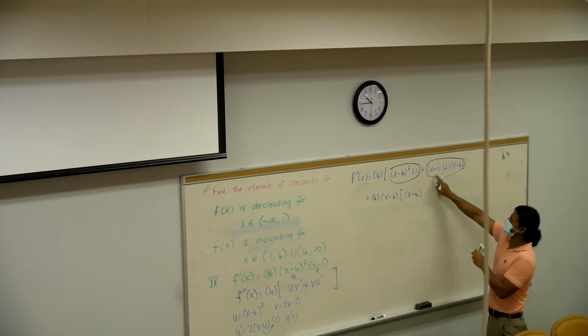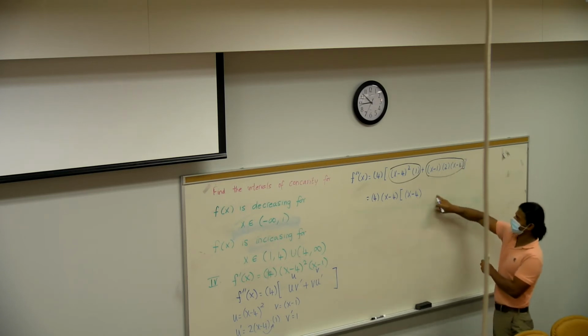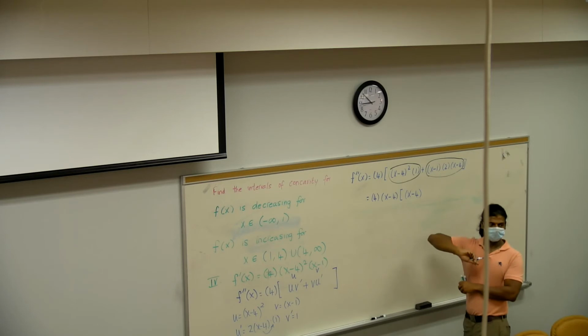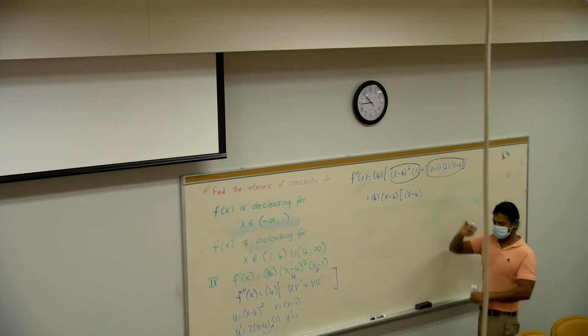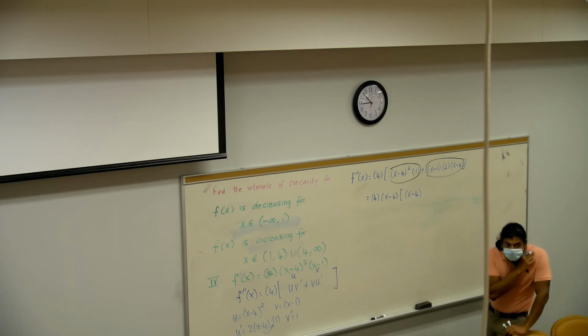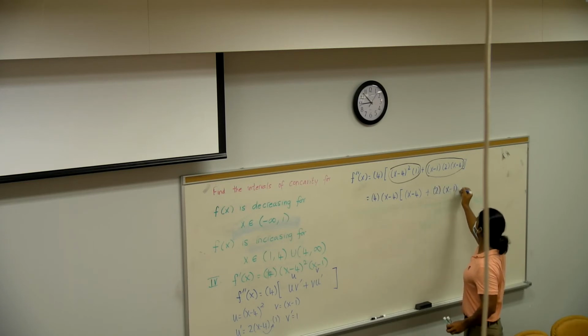I have x minus 1 times 2 times x minus 4, and that term is being pulled out. What do we leave behind? We pull out x minus 4. What do we leave behind? 2x minus 2, which is 2 times x minus 1.